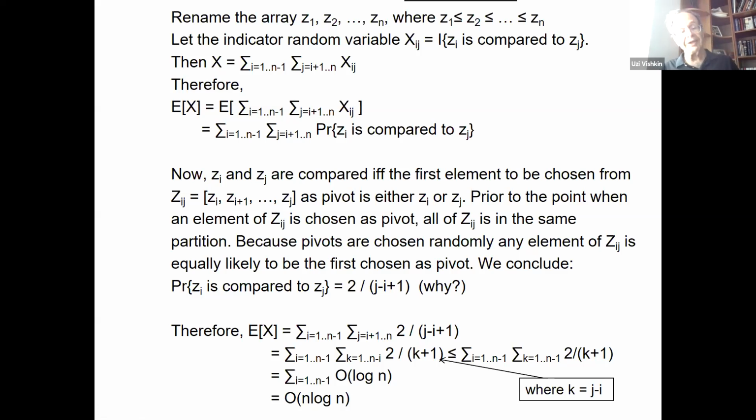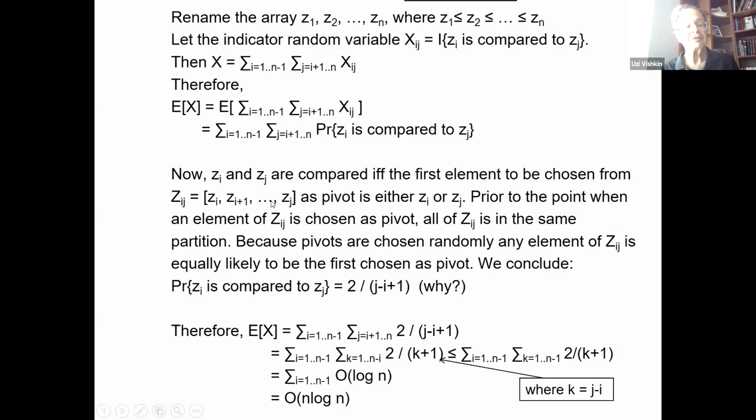The way in which we choose random pivots brings about a situation where the probability of first choosing any of the elements here as a pivot is equal to that of any other element here. So the question is which one will be chosen first in this range.